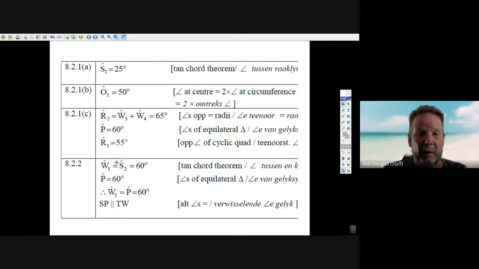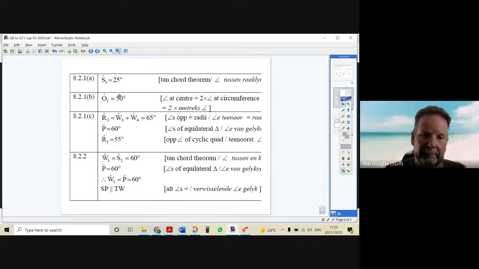We know that W1 and S2 are 60 degrees because of the tan-chord theorem, and we knew that S2 was 60 because of the equilateral triangle. Therefore, W1 equals P. They both equal 60 degrees. Therefore, SP is parallel to TW because alternate angles are equal. And there's question 8.2 done.